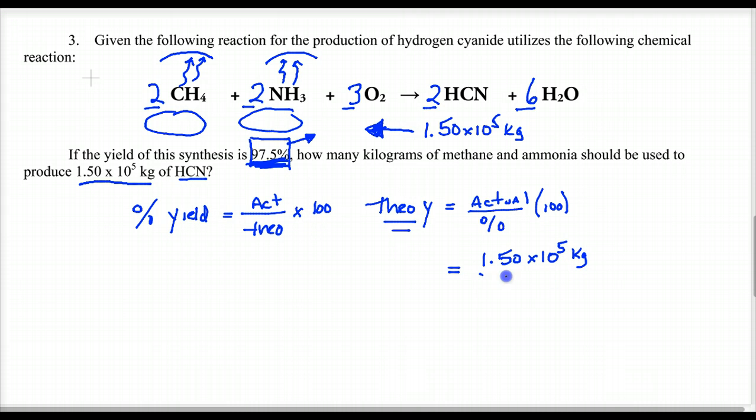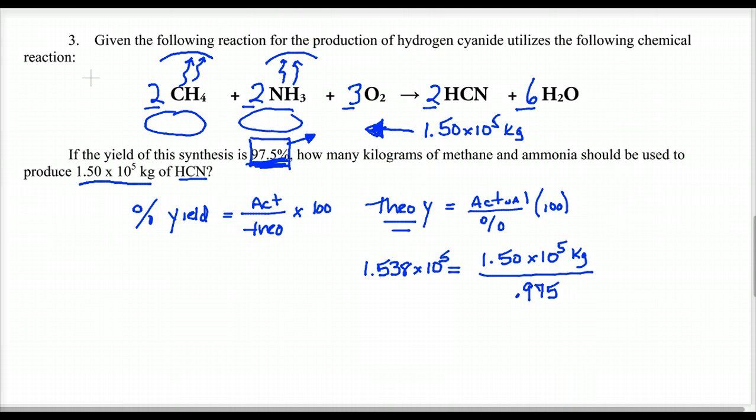I have the percent yield, which is 97.5%. We'll just make it 0.975 to get rid of the 100. And from this, I solve for my theoretical yield, which is 1.538 times 10 to the 5.